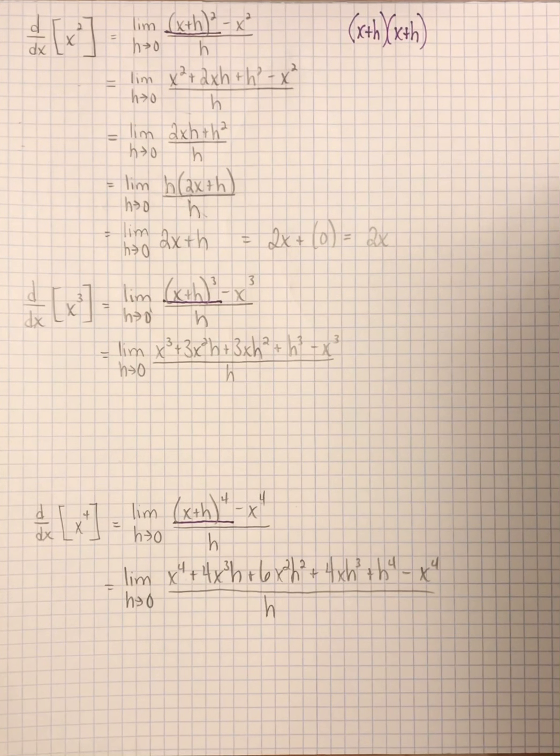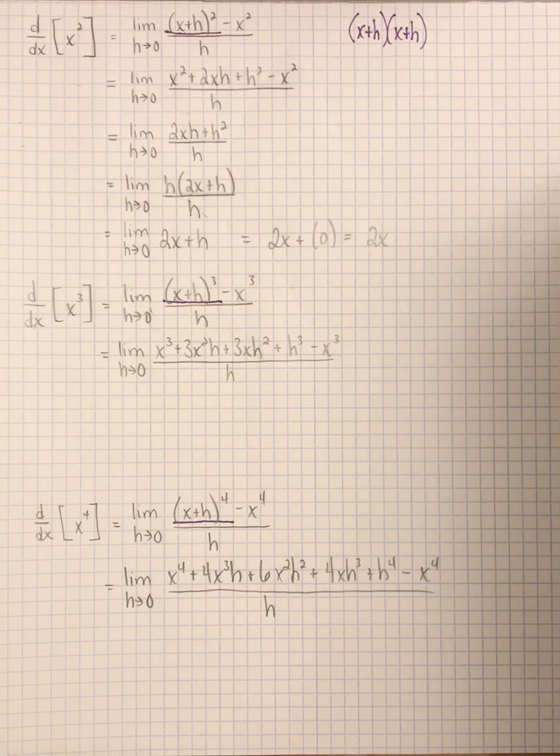So x plus h squared is x plus h times a second x plus h. So we have to employ a FOIL technique, or whatever name you use for the multiplication of polynomials. So x plus h squared expands to x squared plus 2xh plus h squared.